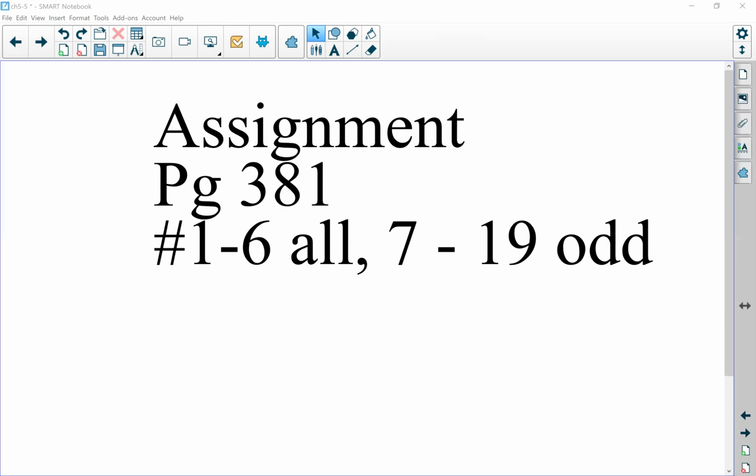This one, however, is much more fun. If the function is odd, then the integral from negative a to a is 0.